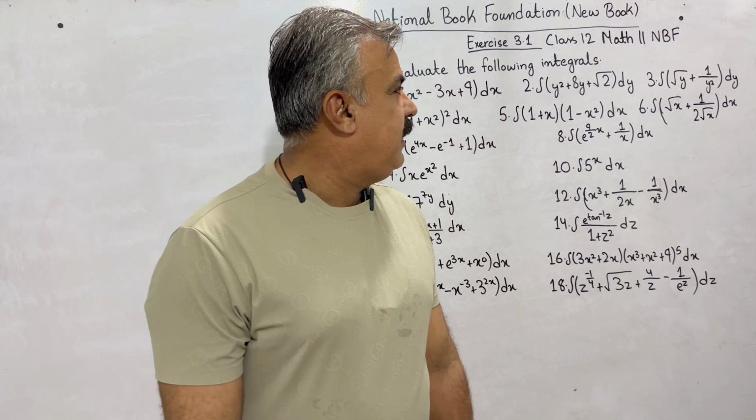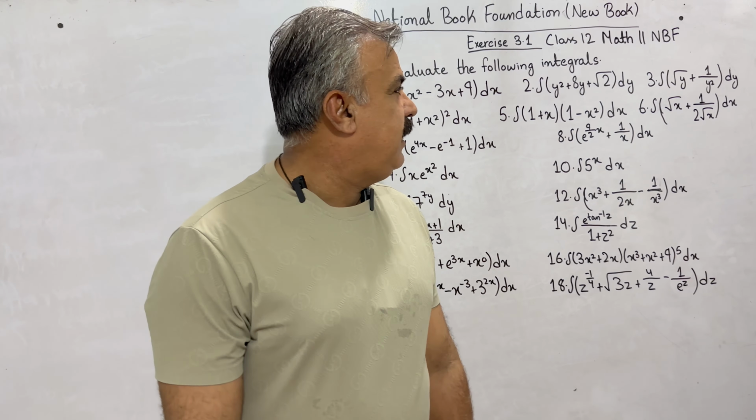Or normally you can ask yourself, there is 9 times 1 dx. One is the differentiation of what? One is the differentiation of x. So 9x is our result in that case. Either way, they give you a good idea.